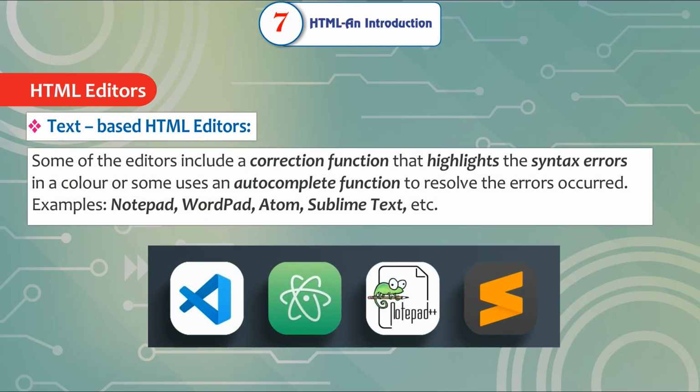Some of the editors include a correction function that highlights the syntax errors in a color, or some use an autocomplete function to resolve the errors that occurred. Examples: Notepad, WordPad, Atom, Sublime Text, etc.